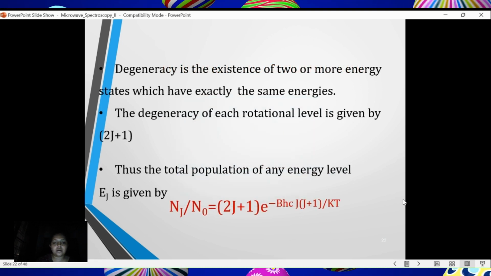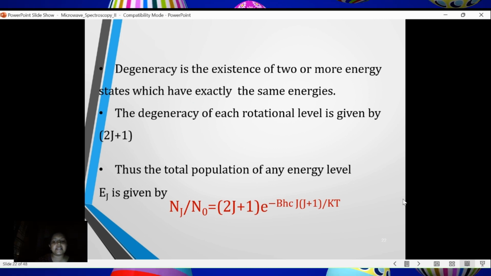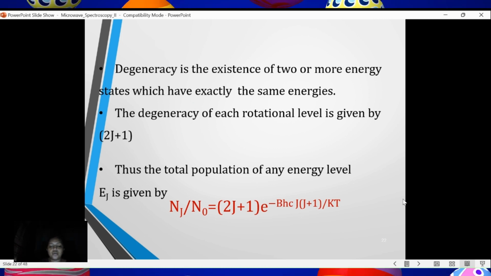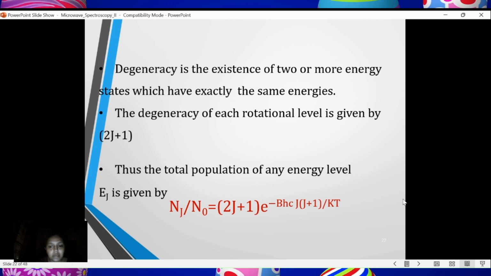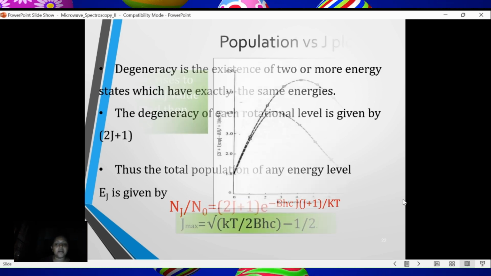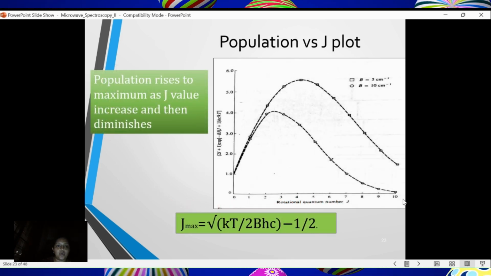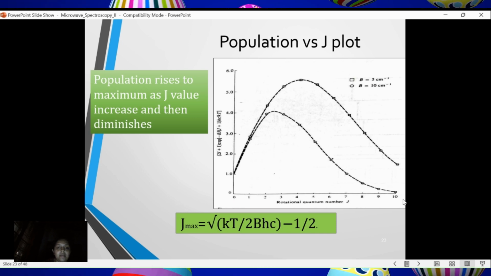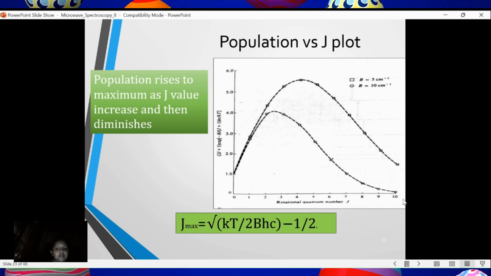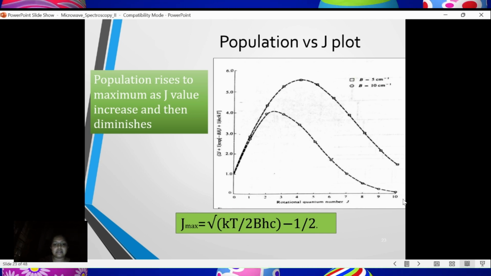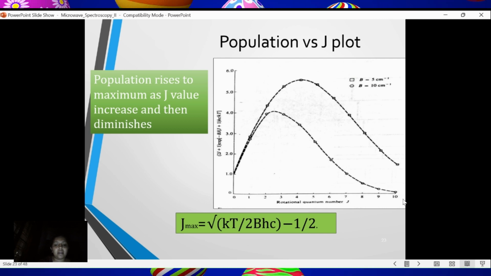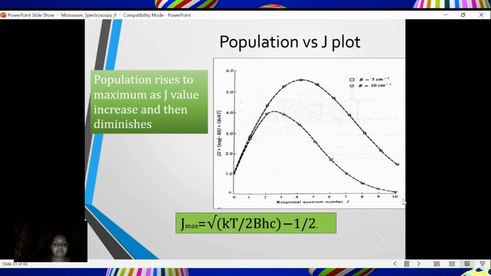Okay, so the total population level can be written as nj by n0 is equal to 2j plus 1 e raised to minus Bhc j into j plus 1 by kT. And this is the plot. Here we can see population rises to a maximum as J value increases, then decreases. The J max is obtained by root of kT by 2Bhc minus half.